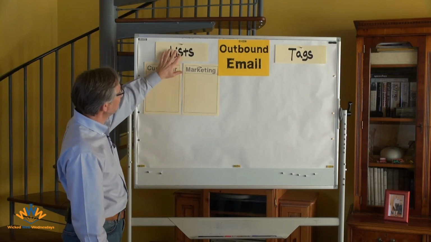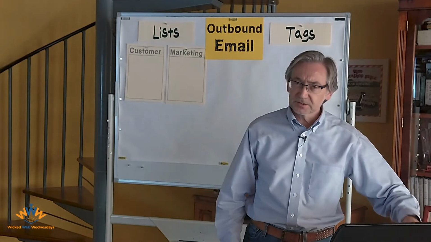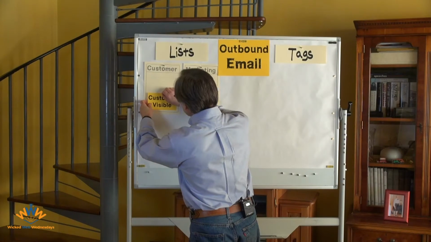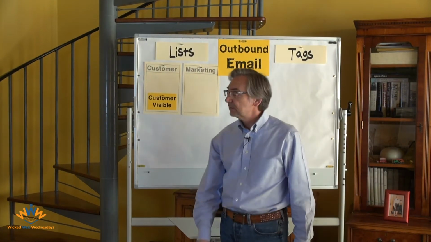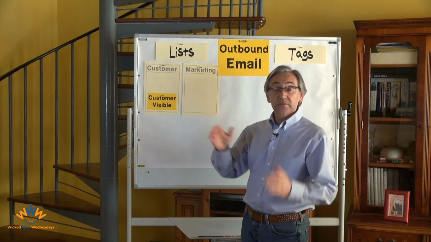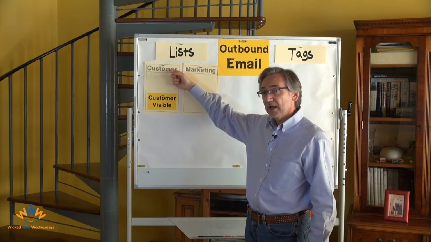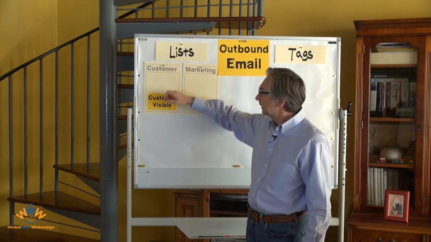There is an important point to remember about lists, and that is that they are visible to people outside your organization. When somebody subscribes or unsubscribes from a list, they see the name of the list. Please bear that in mind.